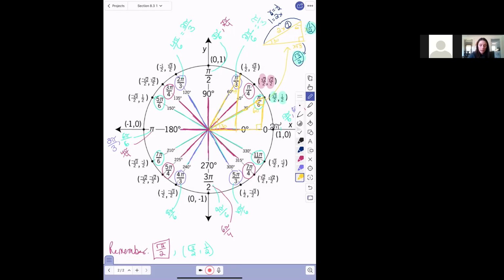So that means that my X and Y swap places. So you still only need to remember this coordinate, and then you need to flip the coordinate for everything that has a 3 in the denominator. Okay, does that make sense?